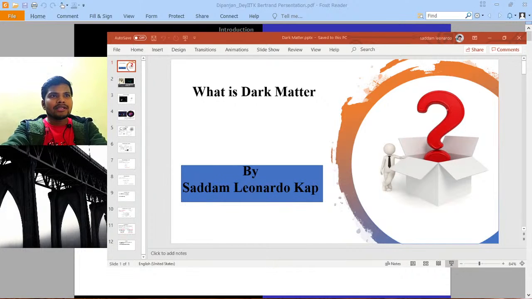Now as we are seeing here, for example, this is the center, and I have told you that as you go outward the velocity remains constant. As you can see, this flat curve says that the outermost stars or galaxies have this constant velocity after some threshold. To achieve this constant velocity, dark matter must be there.